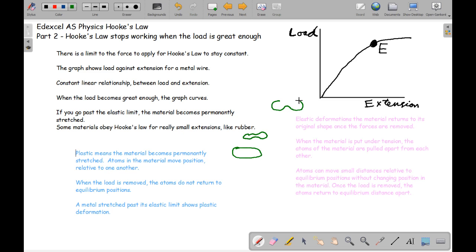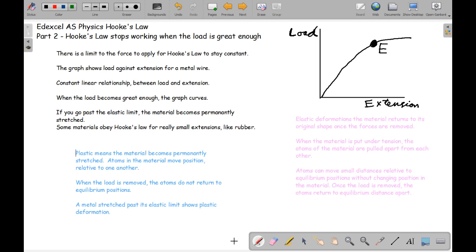When it breaks, it will stop obeying Hooke's law, as there is no longer that straight line relationship. We'll learn more about this later, and I'll talk about why it happens and what words to use. But for now, a straight line relationship between load and extension must happen in order for Hooke's law to be obeyed.